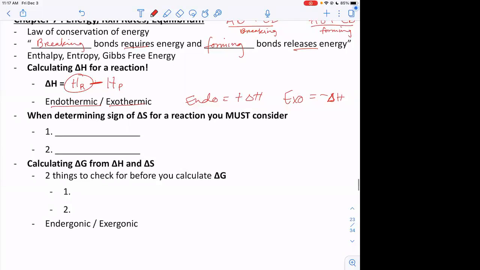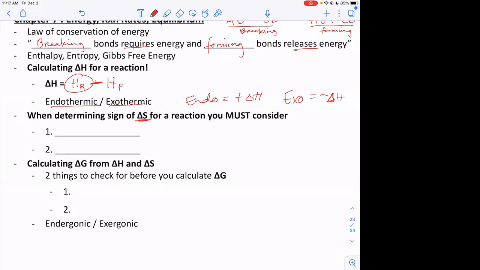When determining the sign of delta H, now delta S, entropy, for a reaction, what do you consider? Yes, we're calculating disorder, but what are the things specifically?